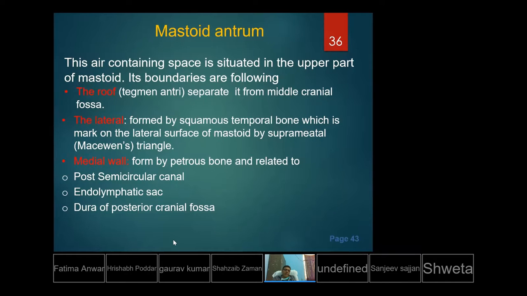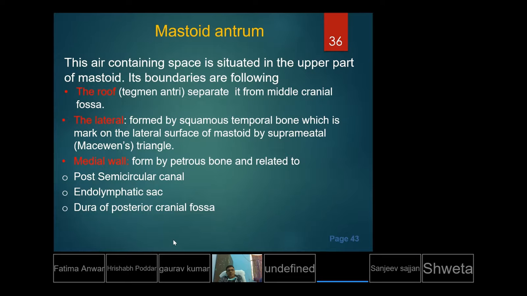Posteriorly, this is a large air-containing space which is situated in the upper part of the mastoid and is bounded by, again, the roof, that is the tegmen, which is a posterior extension of the roof of the aditus, and it separates the middle cranial fossa from the mastoid antrum.